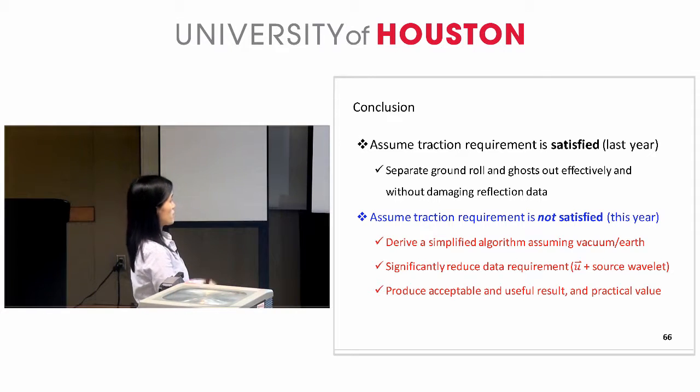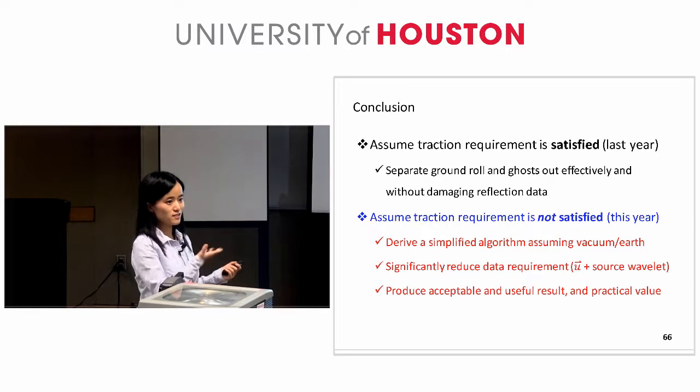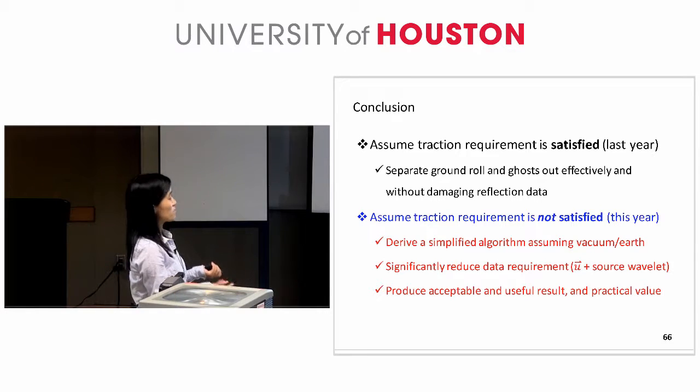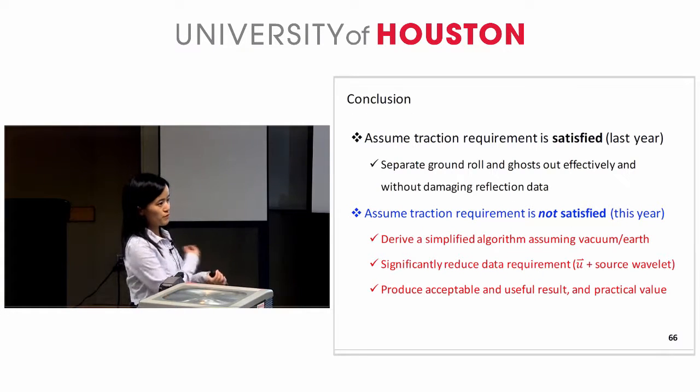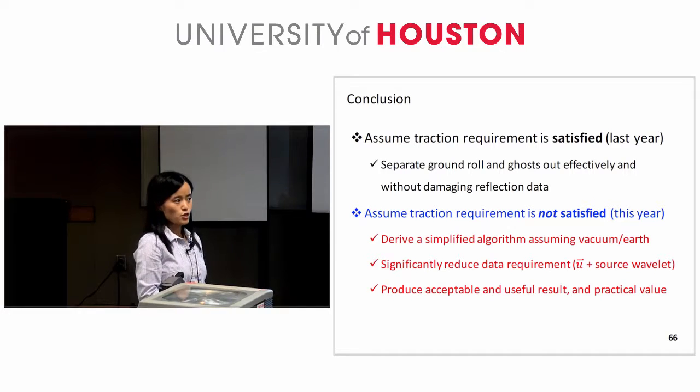So this year we make an approximation that the air-Earth model is actually the vacuum Earth, and with that assumption we get a simplified algorithm. From the previous numerical test, we take the data from the air-Earth, substitute that into this simplified algorithm, and process it as if it were in a vacuum Earth world, and it can produce an acceptable and useful result.